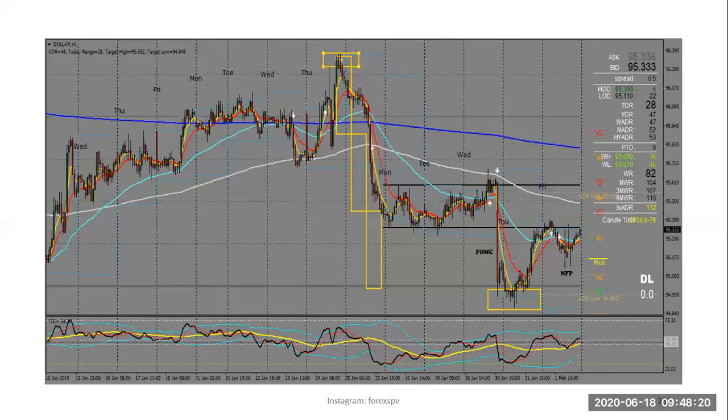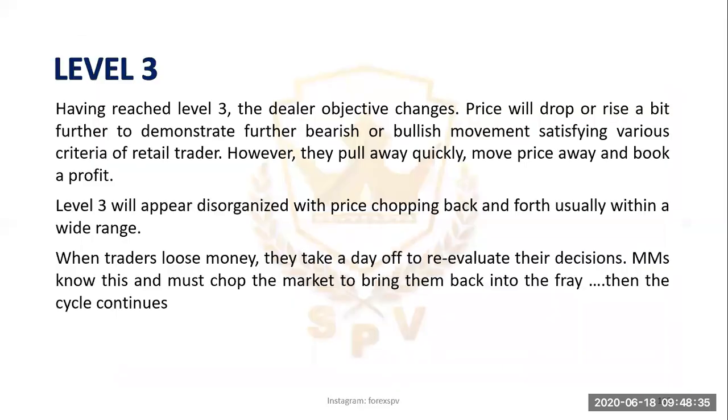So this was the dollar, and this was forming. You can see the dealer completed the third level using the news. So the dealer simply completes the cycle using the news. So level three is somewhat rough because at this point, we expect the market to reverse.